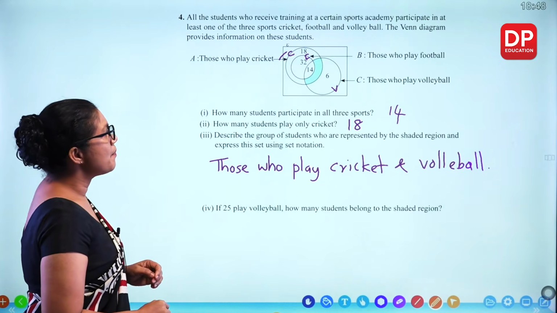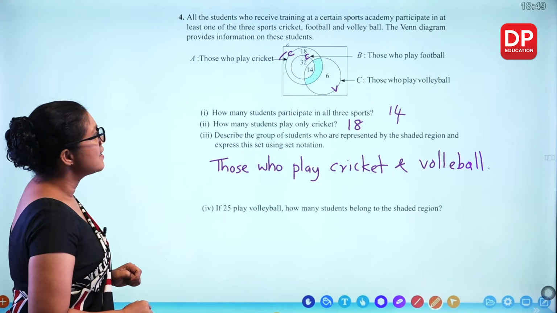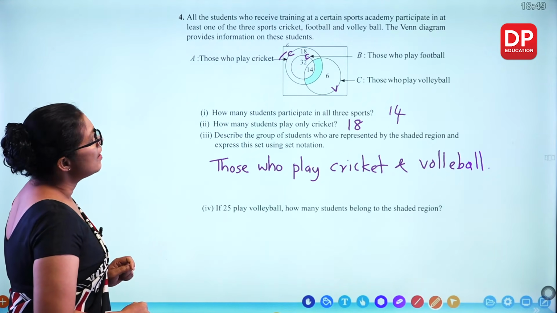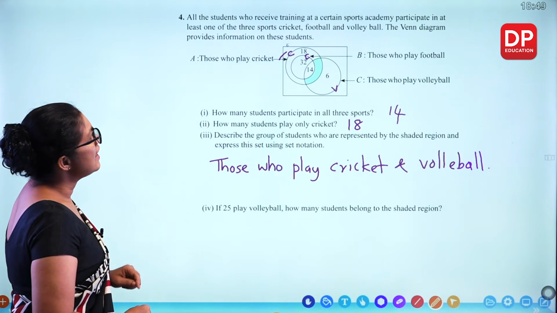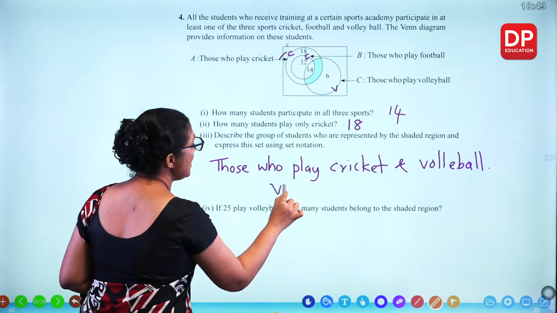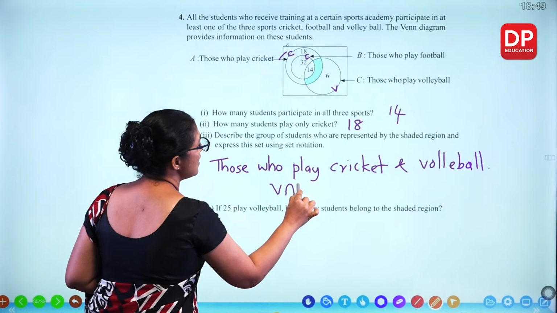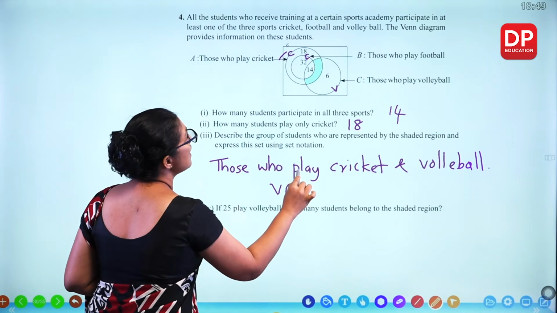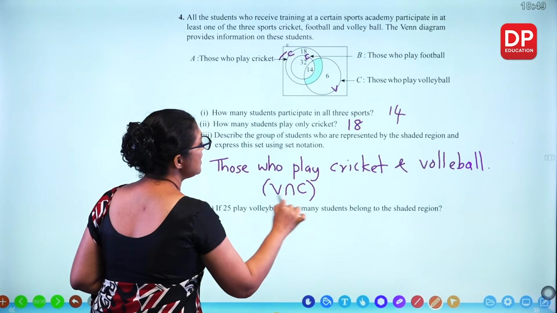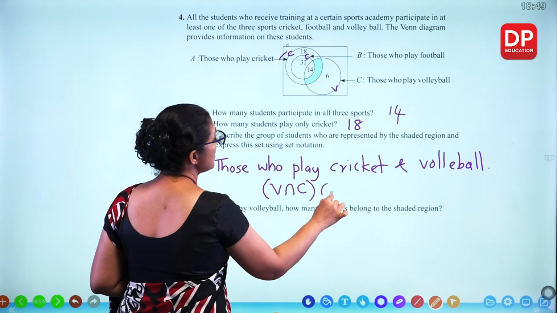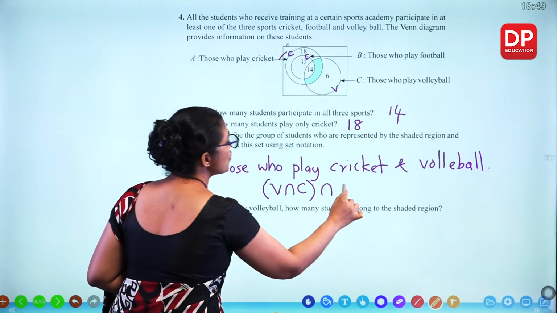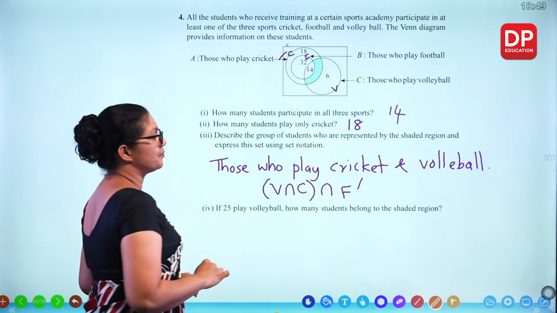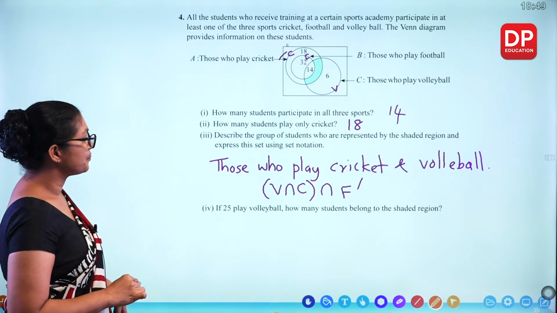Then how can we represent this in set notation? Set notation is V and C intersection. So V intersection C but intersects with C, this F dash, not football.